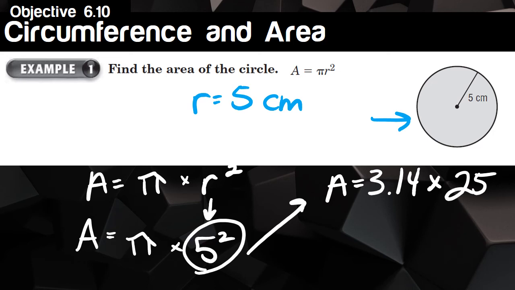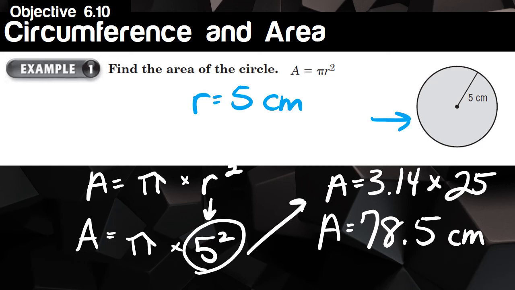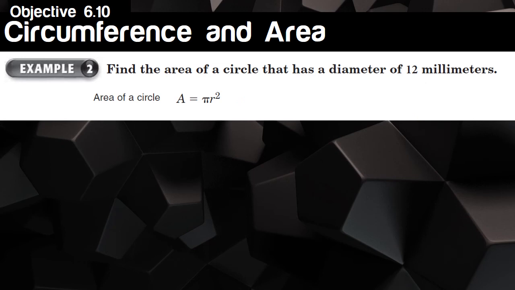It is not 10; we have to do 5 times 5. 25 times 3.14 comes out to 78.5 for the inside of our circle. Since we squared the radius, centimeters times centimeters gives us centimeters squared as our label.